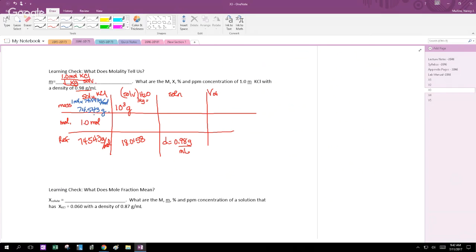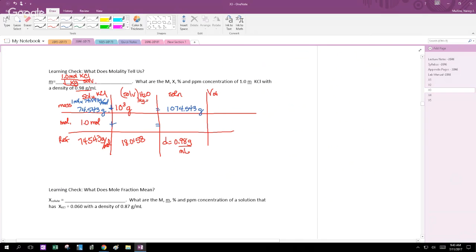Where can I go from there? Sure, because I know that the solute plus the solvent will always equal whatever's in my solution column. So 1,000 plus 74.543, 1,074.543 grams. Now what?